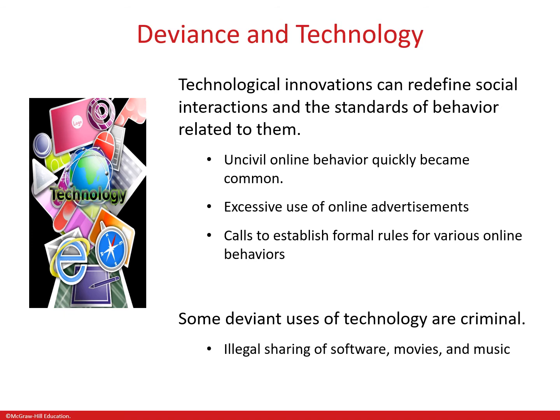But this kind of behavior happens because you're behind a computer screen, and so many people feel they have cyber muscles. They feel it's okay, they don't know the other person and how hurtful their words can be, although they probably should. So this uncivil behavior takes place.